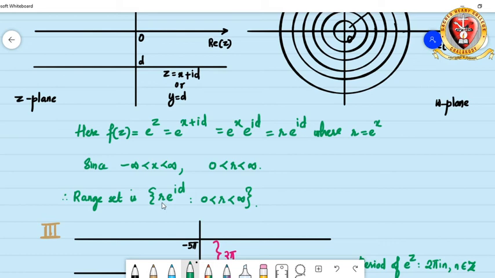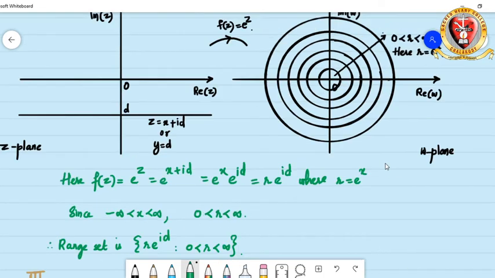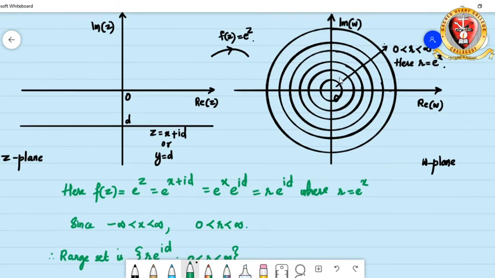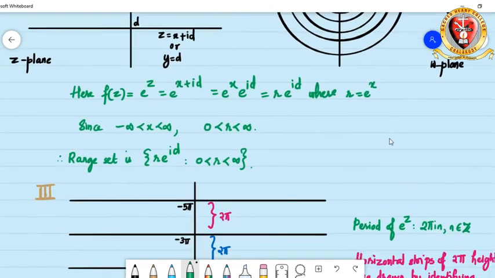So the range set is r e raised to id. d is fixed and r is varying from 0 to infinity. So we will be getting an infinite number of concentric circles as we are changing the values in the domain. For different x, we will have different concentric circles. That will be the range set.